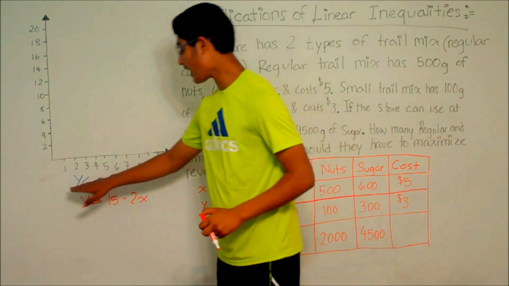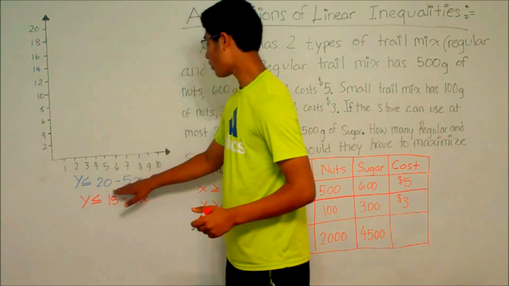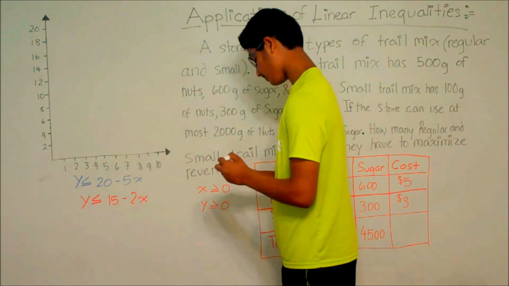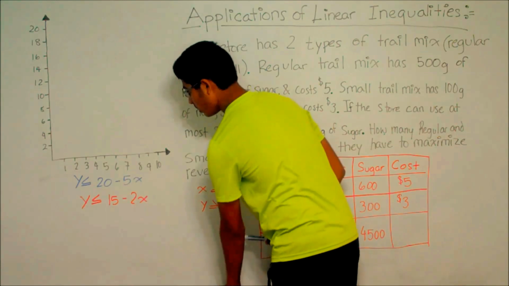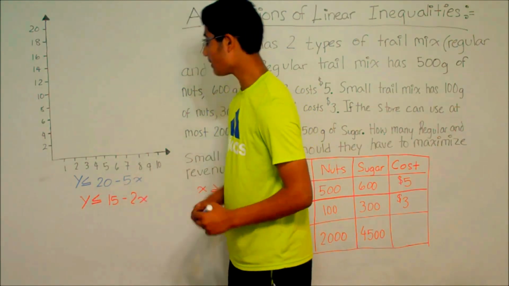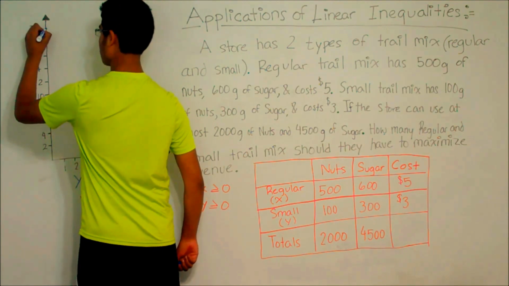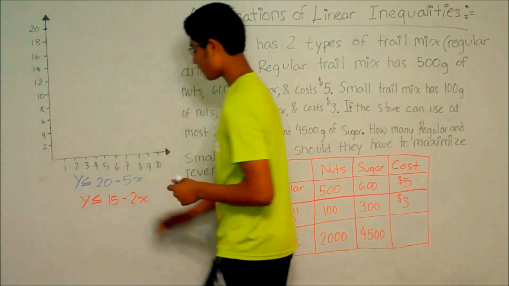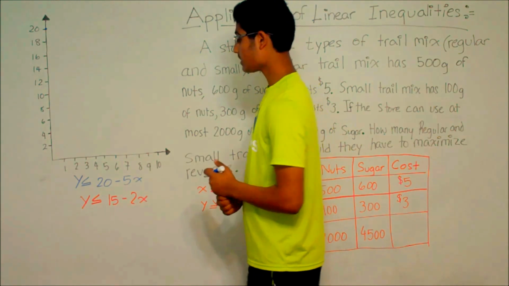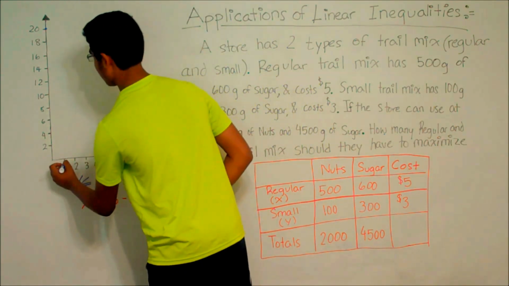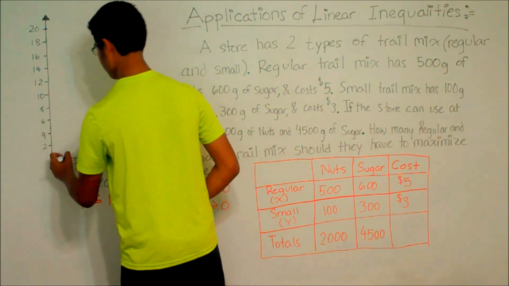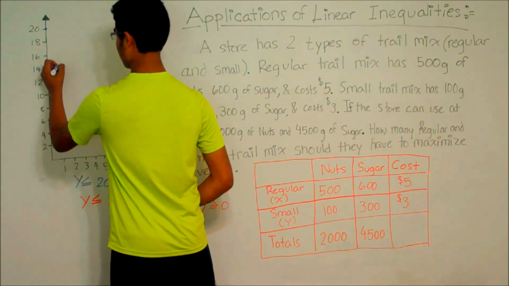So we have y is less than or equal to 20 minus 5x. Here we have the intercept, 20, minus 5x. So this means that here it would become 15.